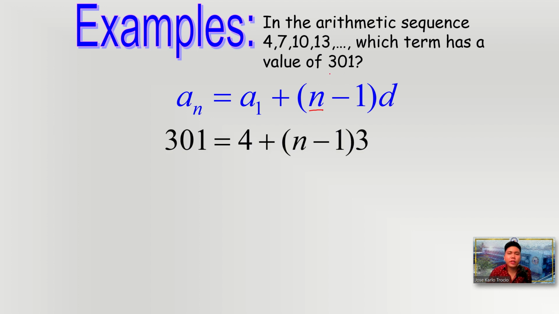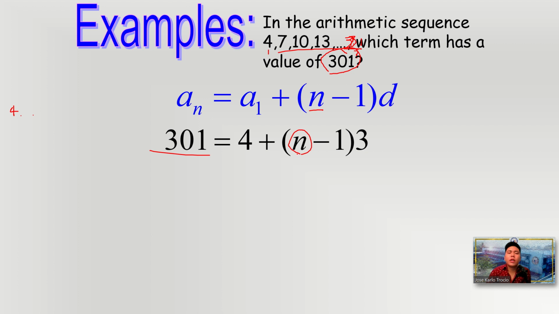Okay, so 301 is the nth term. We do not know the ranking. We started with 4 and we are looking for somewhere here. We know that this term is 301, but we do not know what is the ranking, from first to what? So we are looking for n, the number of terms, from 4 to 301.